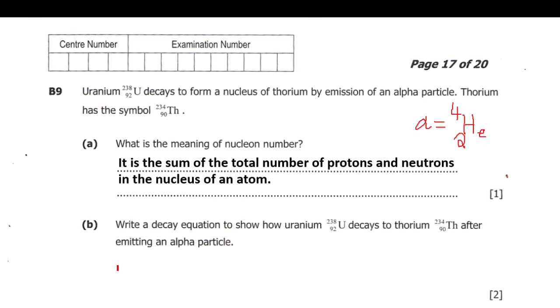Then what we will say now is, all right, this is the general formula which guides alpha decay. So when a substance decays by emitting alpha, like we are told uranium decays to thorium after emitting an alpha particle, the general equation that helps us to write the decay equation is this.